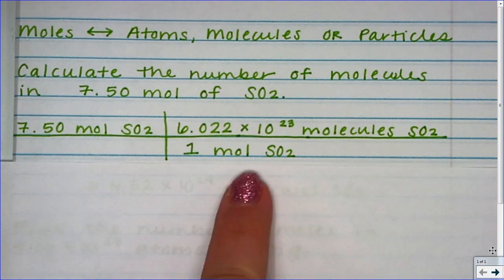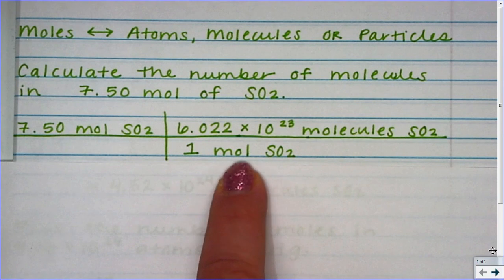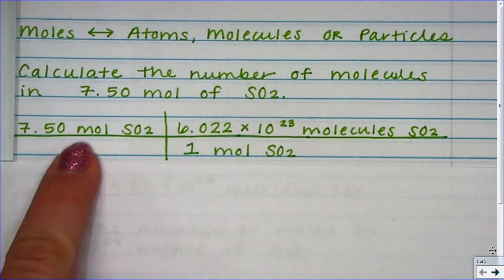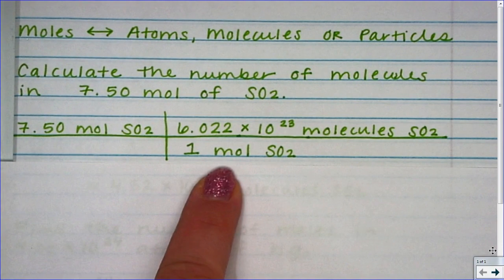In the next box here, there are 2 ways to think about how to set this up. We need Avogadro's number, and remember 6.022 times 10 to the 23rd is equivalent to 1 mole of whatever molecule, atoms or particles you're looking at. And so because moles are on top here, you want moles on the bottom.